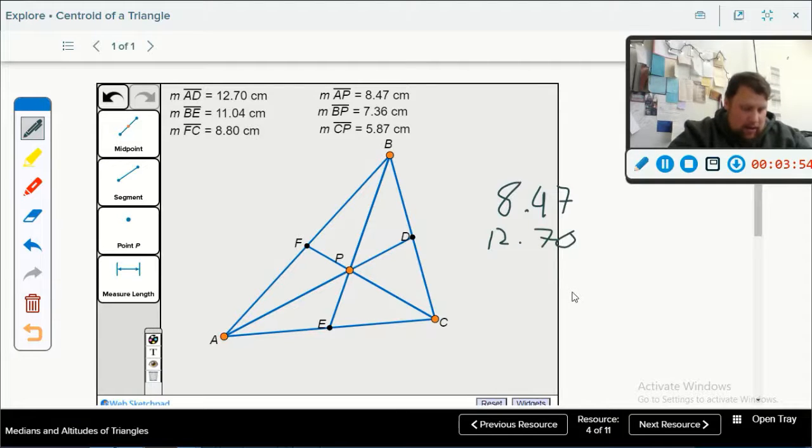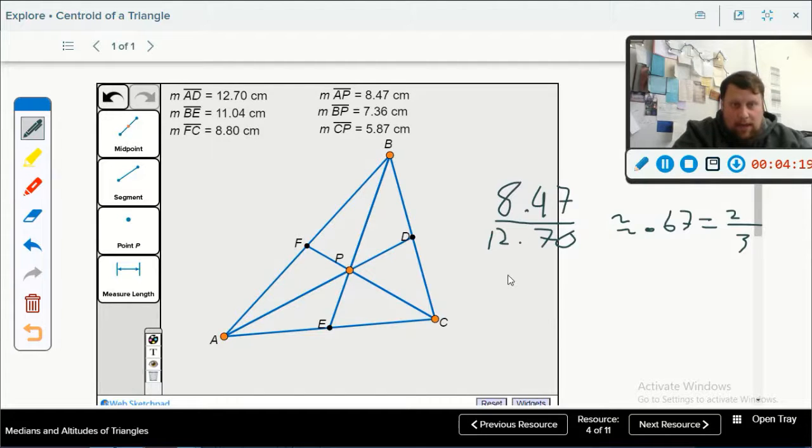Let's do that. Hold on. I'm going to get 8.47 divided by 12.7. And I get 0.67 when I round it. So roughly, that division gives 0.67, which is 2/3.